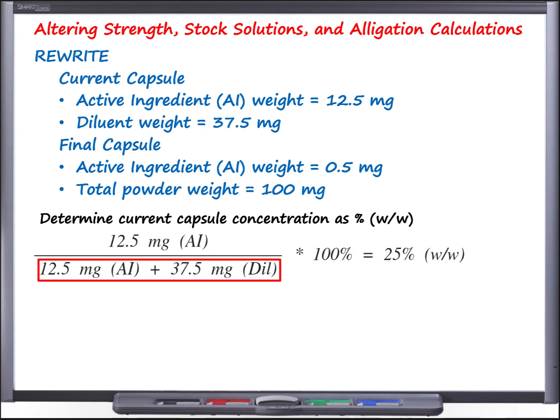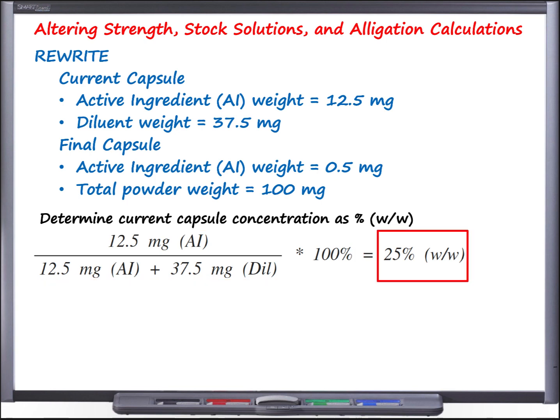So the total weight on the bottom would clearly need to be the combination of both active ingredient and diluent. If you take the 12.5 plus the 37.5, you can see that total weight would be 50 milligrams. So essentially, we have 12.5 milligrams of active ingredient divided by a total weight of 50 milligrams. And if we multiply that by 100, we see that our actual percent weight per weight would be 25%.